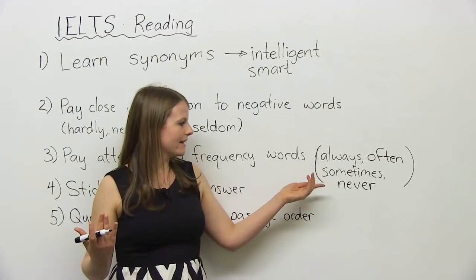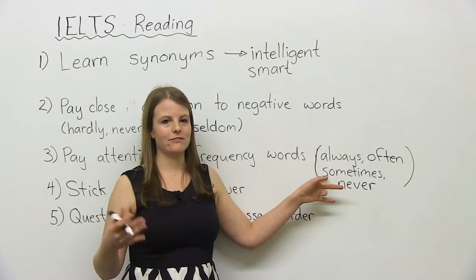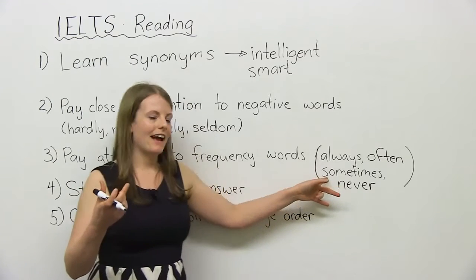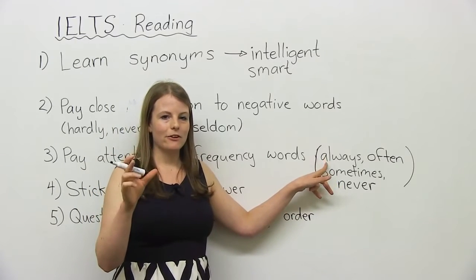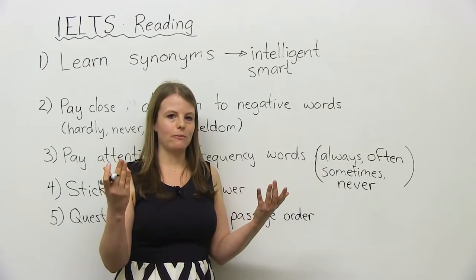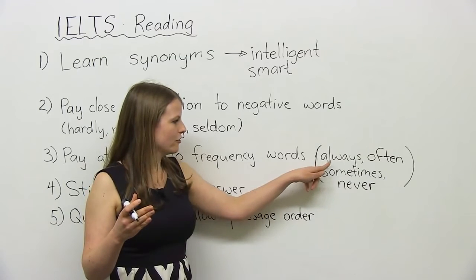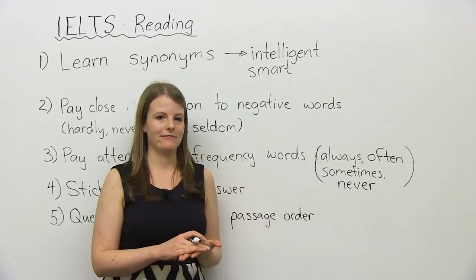Well, if you see something that says sometimes the pharaohs of Egypt were buried in tombs, but the actual answer is true or false, and it says pharaohs were always buried in tombs, you might get confused. You might put down the wrong answer. So it's very important to pay attention to always, often, sometimes, never in true or false questions.